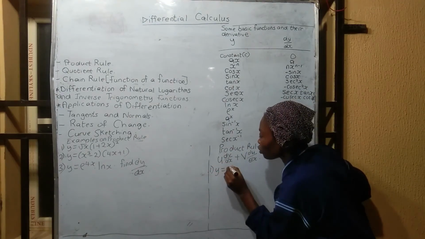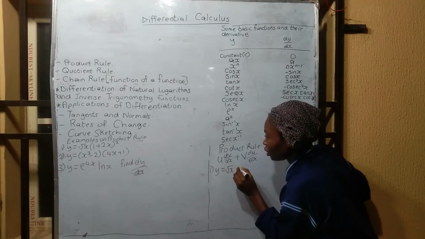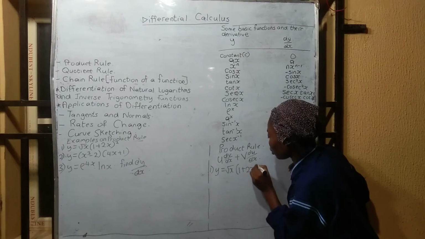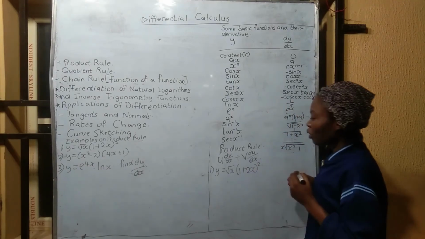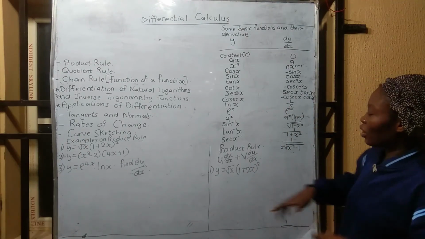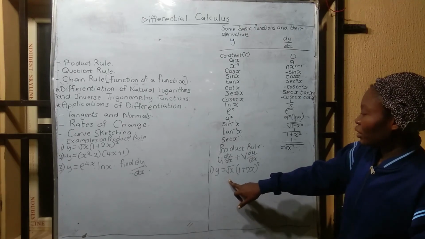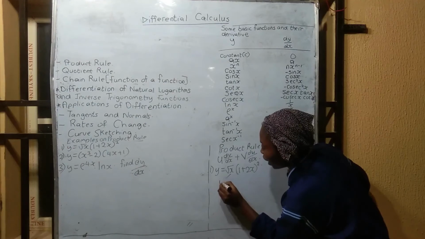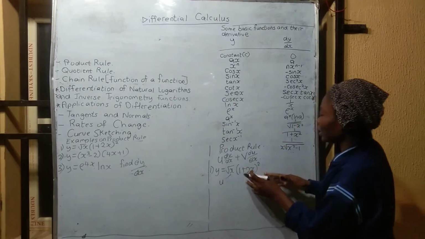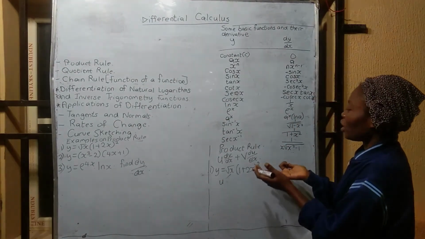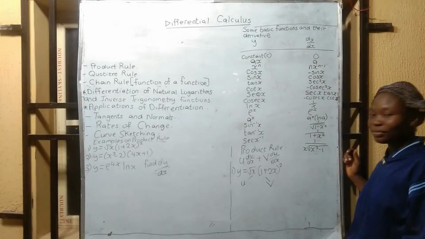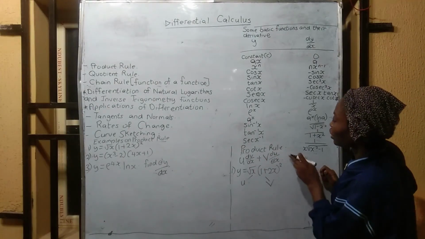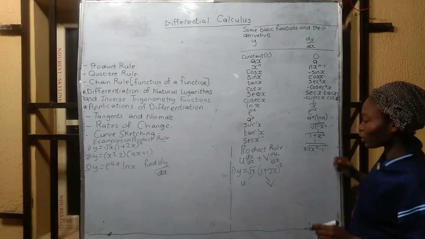When y equals root x into brackets 1 plus 2x raised to power 2. Now, our first variable will be our u. So my root x is our u, and the second variable, which is 1 plus 2x, will be v. Then we can now use this formula to solve this particular question.